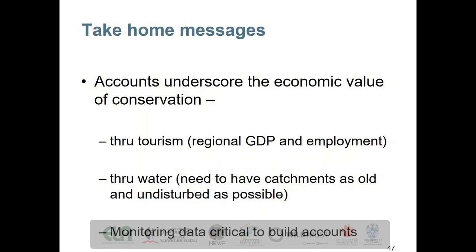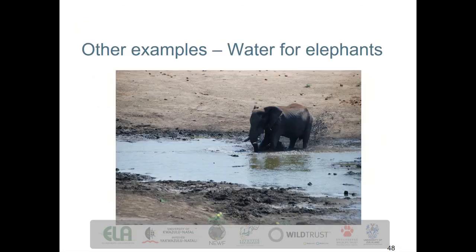So the accounts underscore the economic value of conservation in this particular area, particularly through tourism, but also through water, because the water catchments need to be supporting forests that are as old as possible and as undisturbed as possible to produce the most water. And the monitoring data are critical to support the notion of accounts.